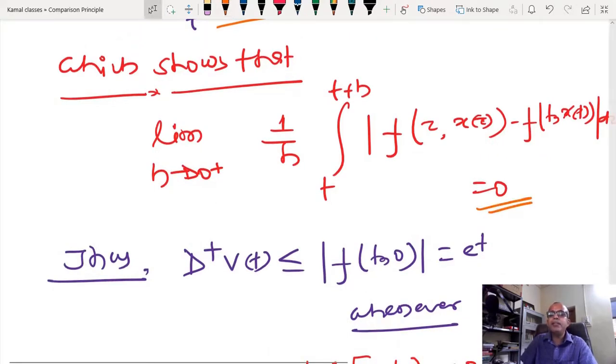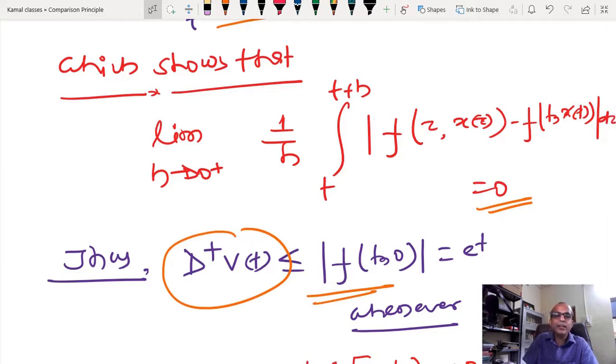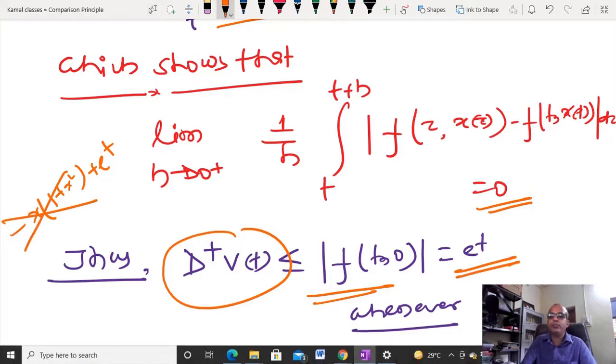It means that the right-hand derivative of v(t) is now just less than or equal to f(t, 0). If you see this function, I have defined it like x by 1 plus x square plus e power t. So if you substitute x equal to 0, then this term doesn't come into the picture, and after that I have this kind of term.